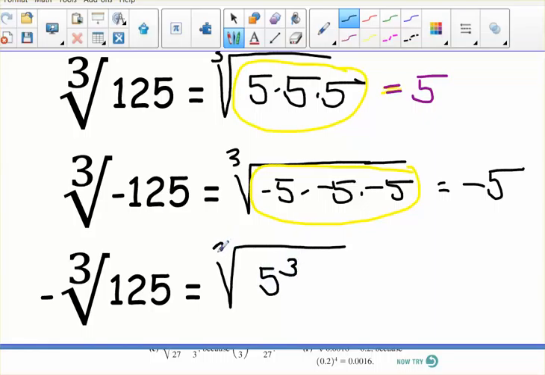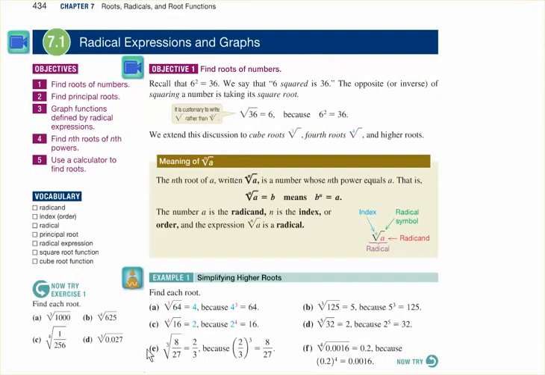So the cube root of 5 cubed is going to be 5, but we're going to place a negative in front of it, and we could easily write that as negative 5. So these are just examples of what the radical means and how to solve them.